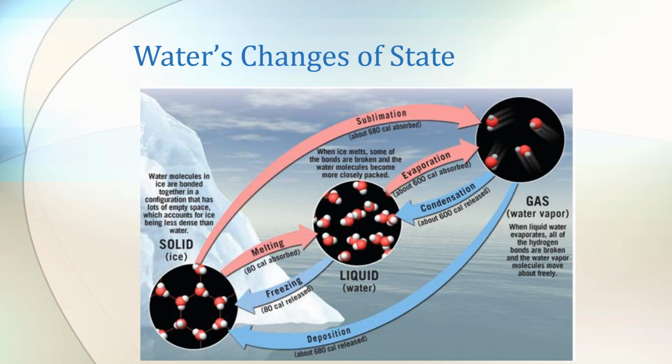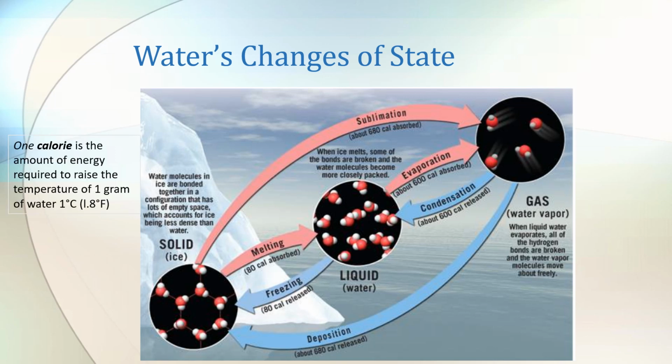The heat involved when water changes state is measured in units called calories. One calorie is the amount of energy required to raise the temperature of 1 gram of water by 1 degree Celsius.